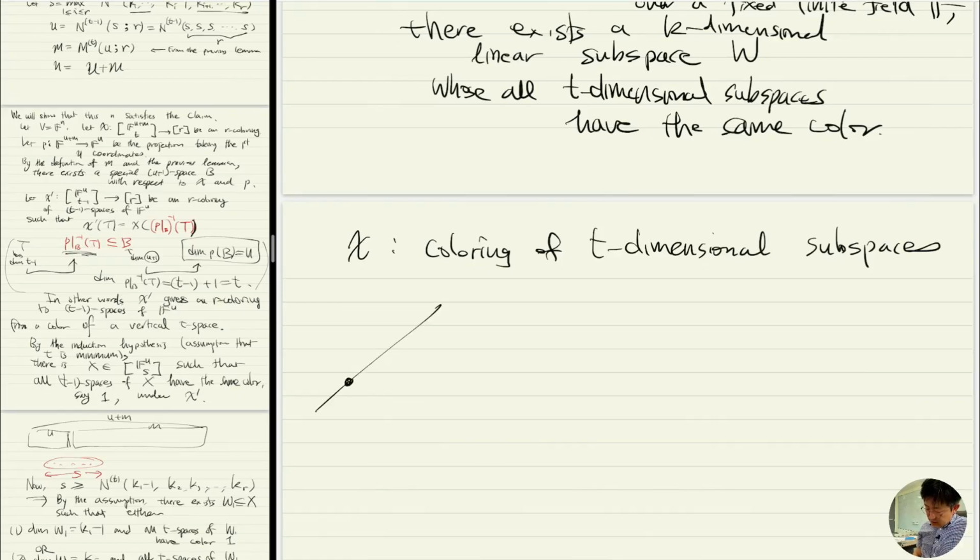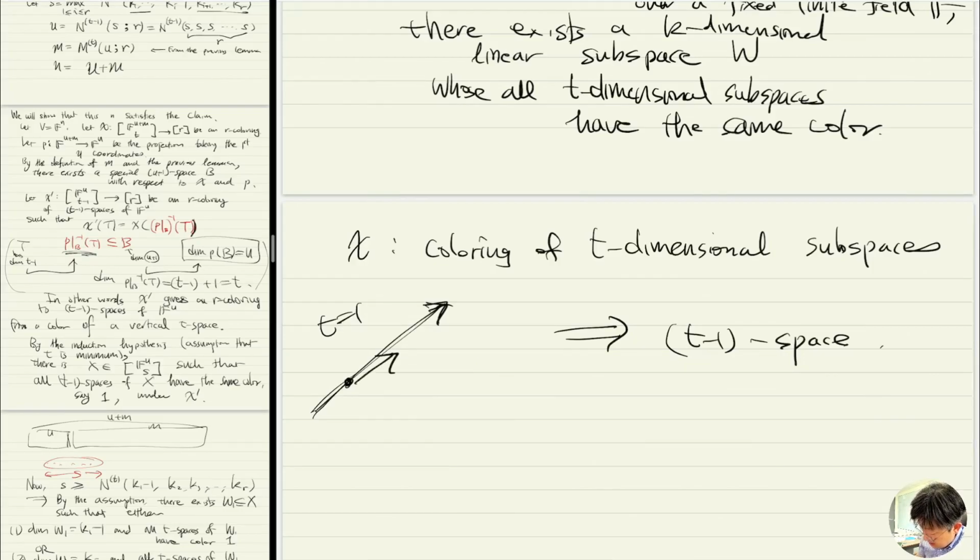For instance, let me think of this case. If I have a line, when t is 1, this is a one-dimensional subspace, right? But now we map it into a t minus 1 space. Just take one vector in here.